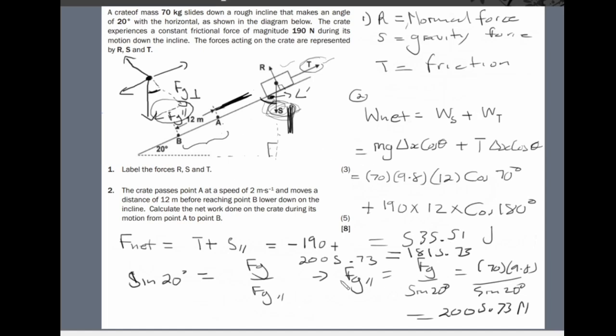right? I just want you guys to get the idea, right? So there's two ways of calculating this. You can calculate it using the work done by each force, or by first calculating the net force and then after that calculating the work done by the net force, right?